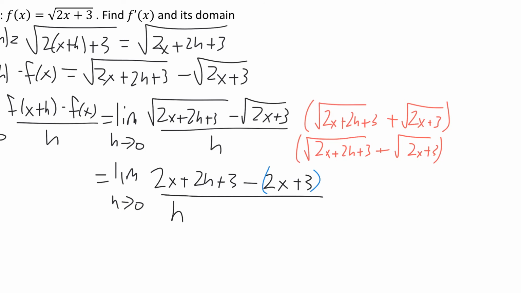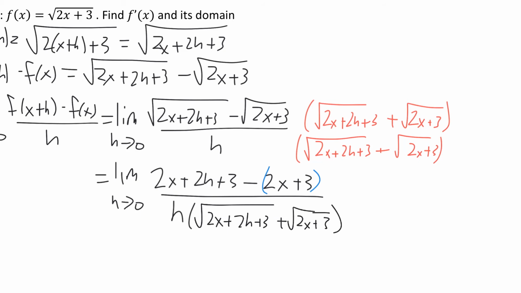The negative has to go and be part of both of the terms. You could either distribute it right away as negative 2x subtract 3, or put brackets so you know the negative has to apply to both. In the bottom, we're going to have h times 2x plus 2h plus 3 plus root 2x plus 3.